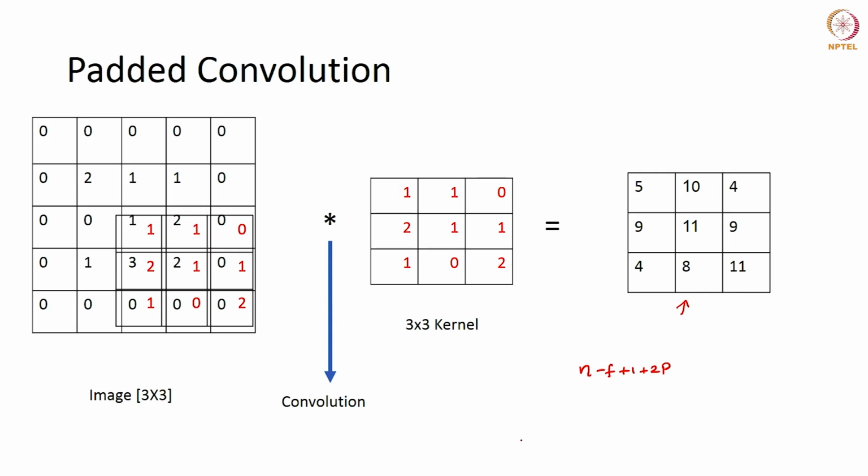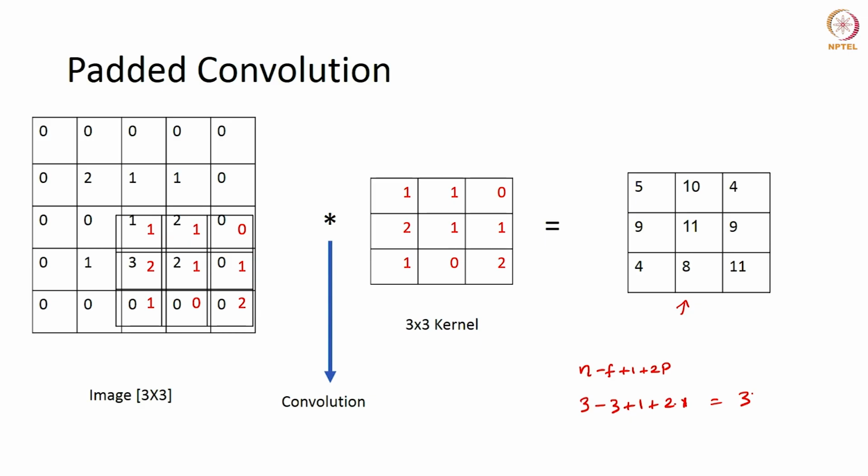In this case, our original n was 3, our filter kernel size f was also 3, plus 1, plus the padding of 1, so 2 times 1. So, we will get 3 as output.